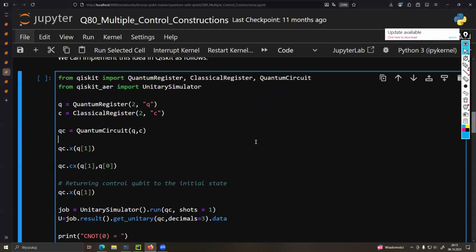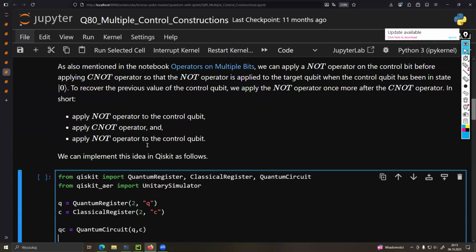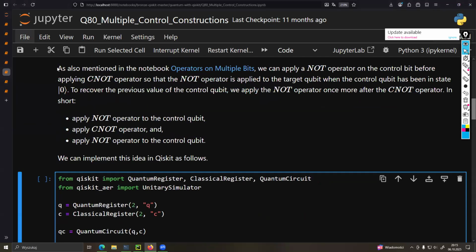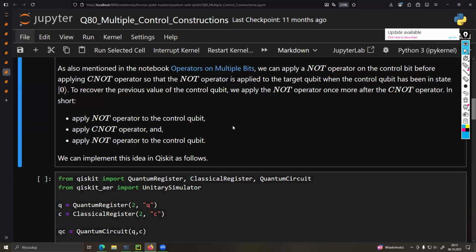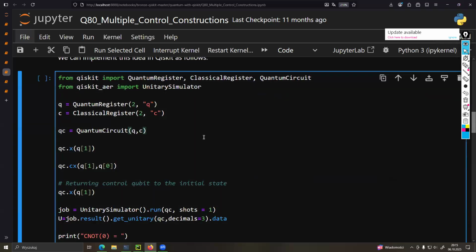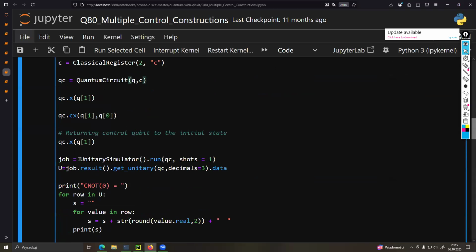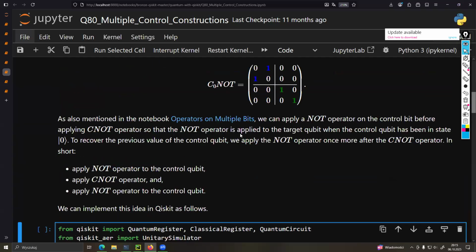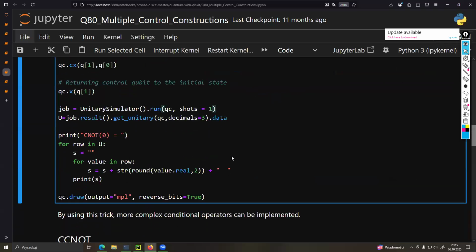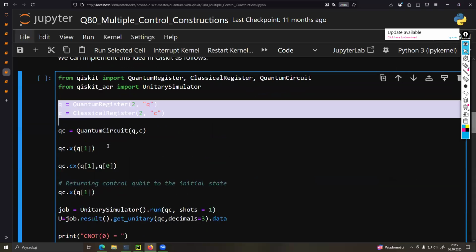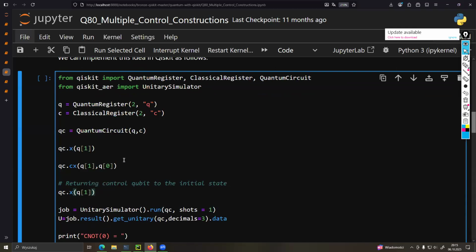So for example, here we can see its effect, the C naught of this on this circuit. We can see it, and we can probe this matrix and other ones as well by constructing a circuit like this.